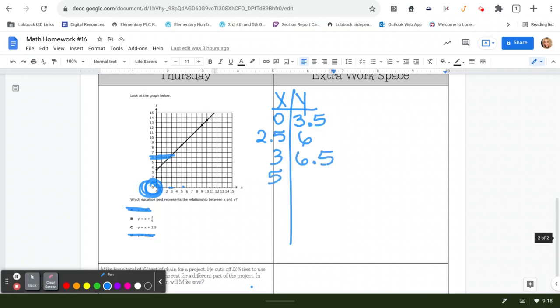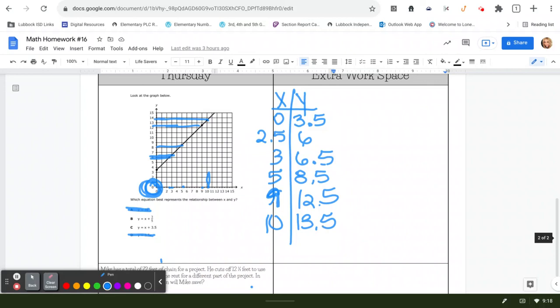This next one is 5, 8 5/10. This next one is over 9. Ooh, that's not a very pretty 9. 12 5/10. And my last one is at 10 and 13 5/10.